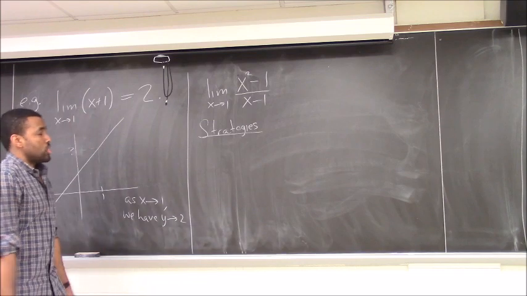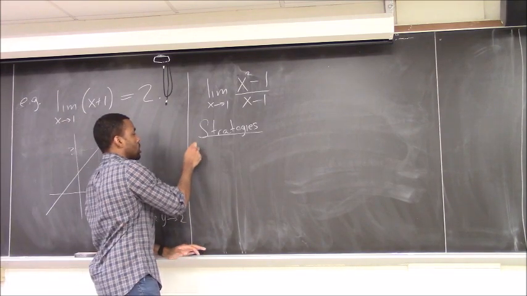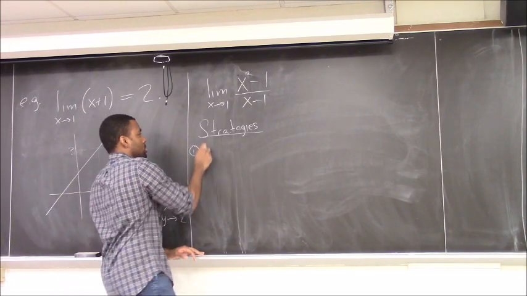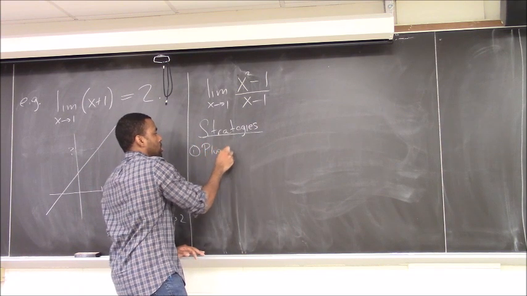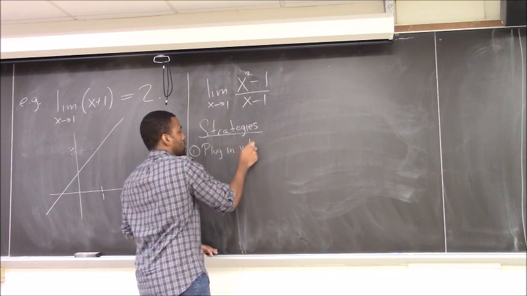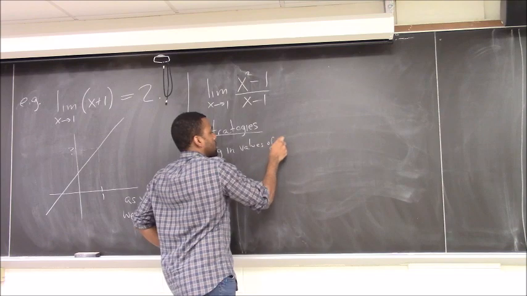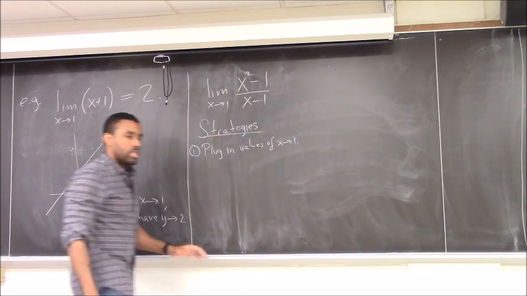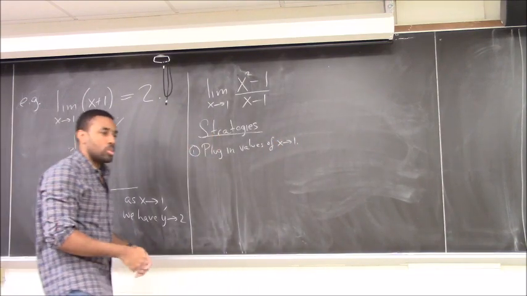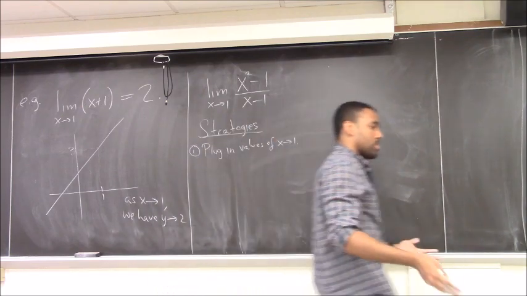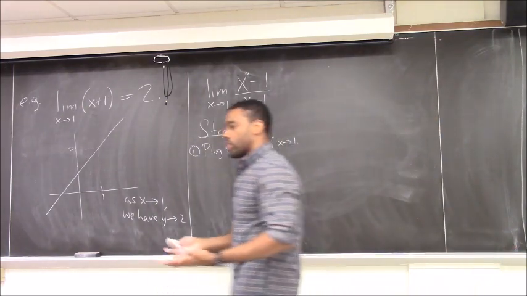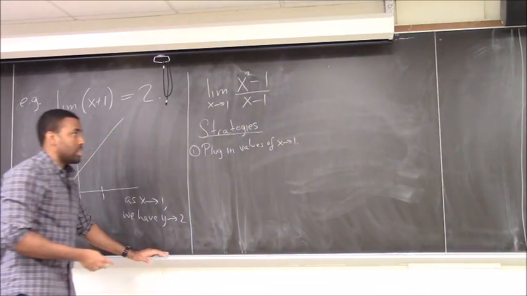There are some strategies, and one would be to plug in values of x actually getting closer to 1. So let's say this function was completely unfamiliar to you, you were completely unfamiliar with the idea of factoring, but you're still going by the definition of what a limit is.